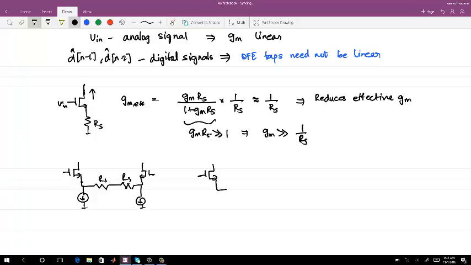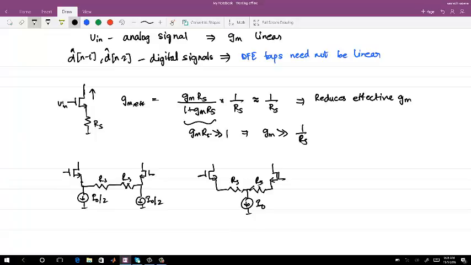Both will give you the linear GM. So let's say this is I0 by 2 and I0 by 2, and this is I0. Same resistance, you get the same GM in both the cases, small signal.